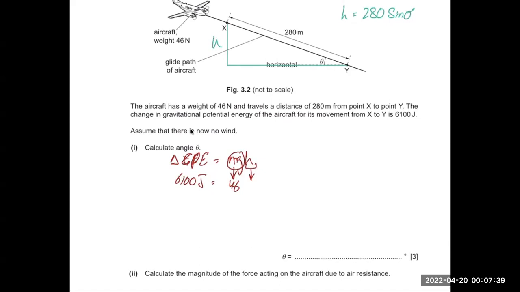What is h? h is 280 sine theta, and solve for theta. Or you may use this to find the height first and then plug that over here to get theta. You may do it in 2 steps, or you may do it like this. Your call. You'll get the value for theta, which is equal to 28 degrees.